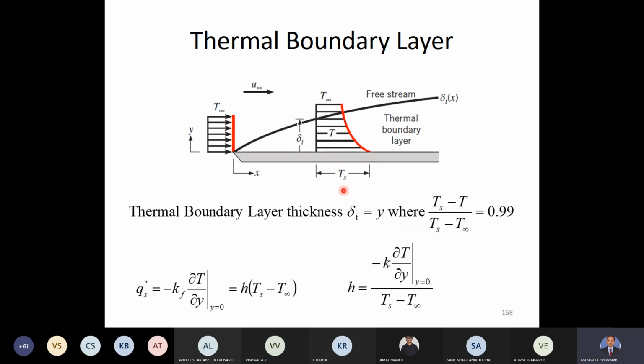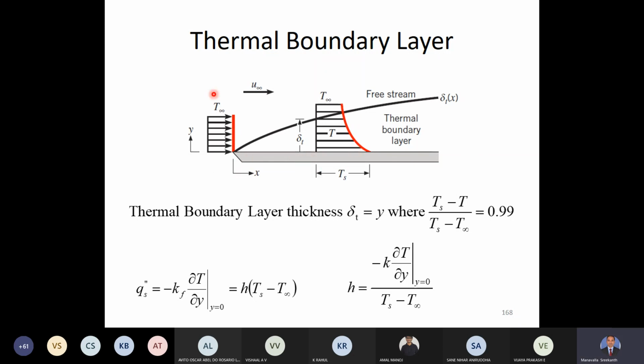Then we come to what is called the thermal boundary layer thickness. Just like the velocity boundary layer thickness, the thermal boundary layer thickness also is defined. In the velocity boundary layer, we have seen that inside the boundary layer there are velocity gradients. Likewise, in the thermal boundary layer, we will see that there are thermal gradients. You can see here there is a plate which is having a temperature Ts.